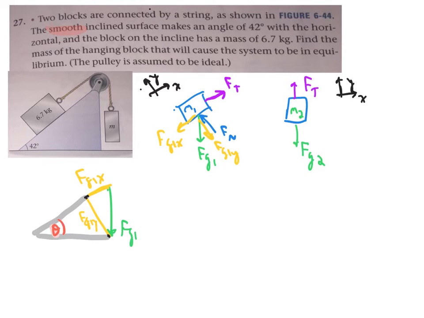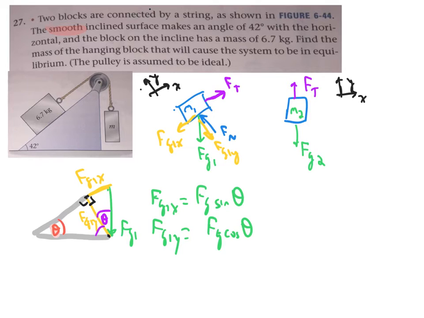Then this angle is 90 minus theta, and this angle is 90 minus (90 minus theta), which is just theta again, as we've done several times, based on the fact that we've got a bunch of right triangles here. This allows us to say that FG1X is FG sine theta, and FG1Y is FG cos theta.